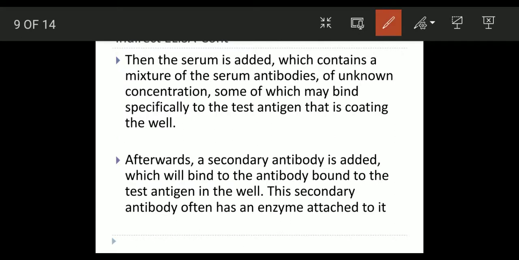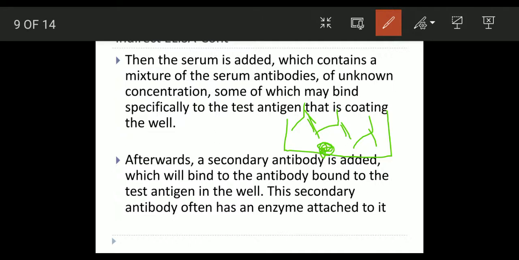Here in the well, this was our antigen, and here the mixture of antibodies is added. This is the primary antibody, because it is added for the first time. This antibody will bind with this particular antigen.